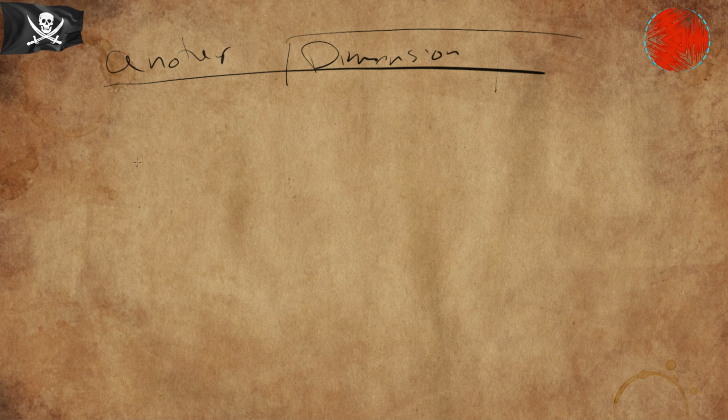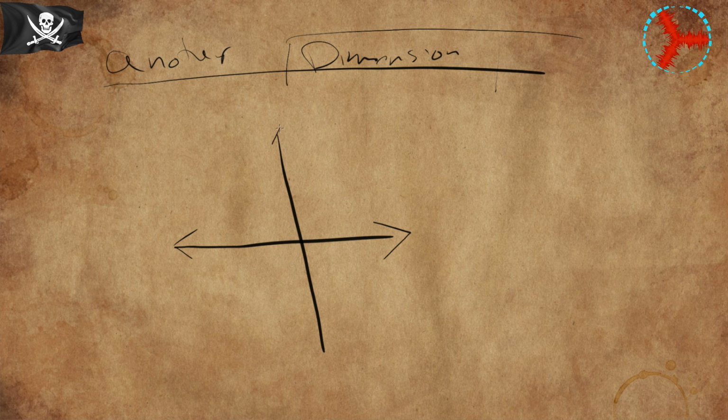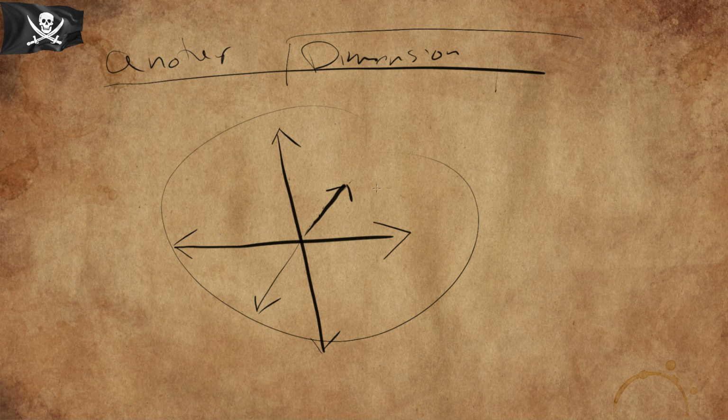Because in real life we have one dimension this way, another dimension this way, 2 dimensions, 3 dimensions going the other way, and then all of this moving forward in time, the 4th dimension.